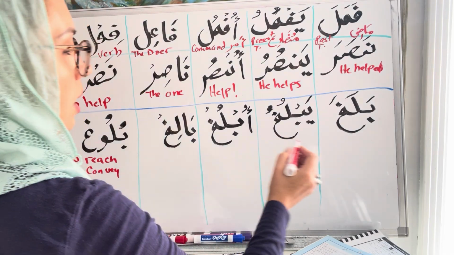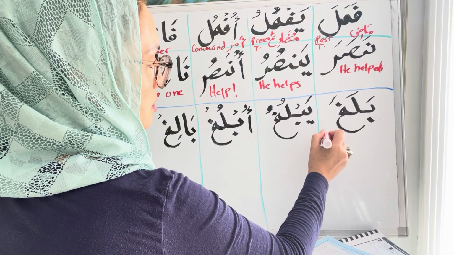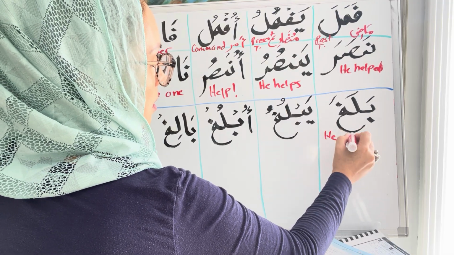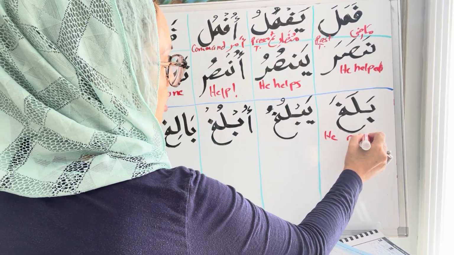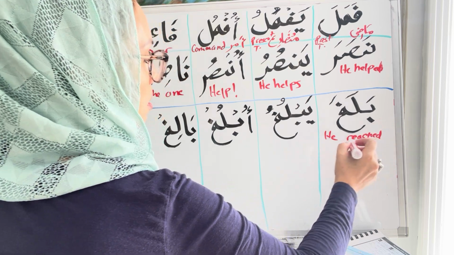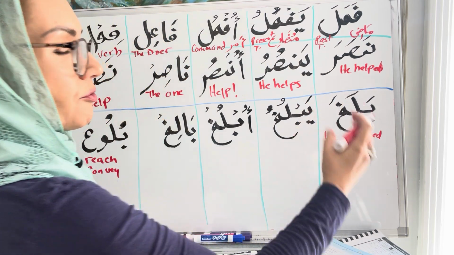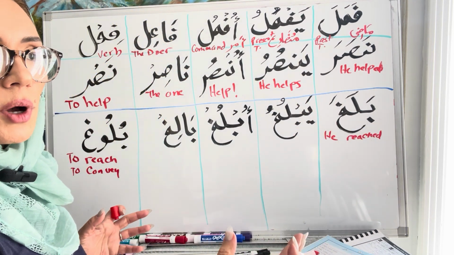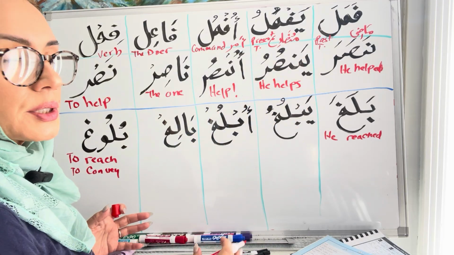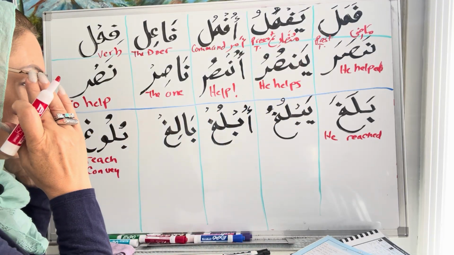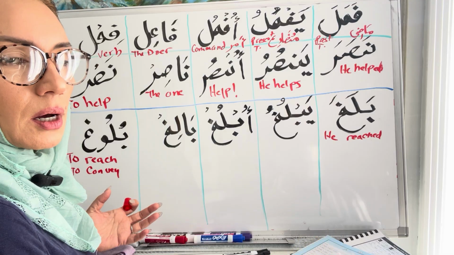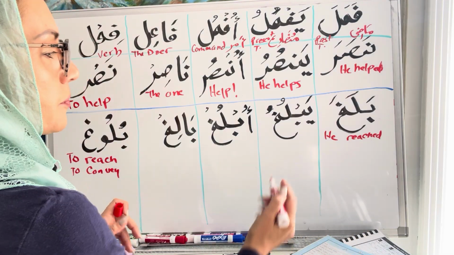All right, so balagha, this is past tense, means he reached or he conveyed. Remember, all these words have multiple meanings, but we're working on the basic meanings that are mostly common.